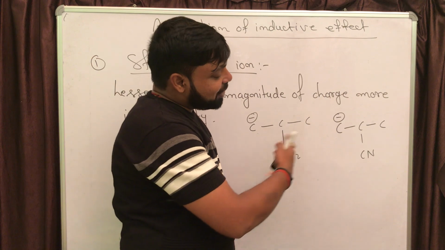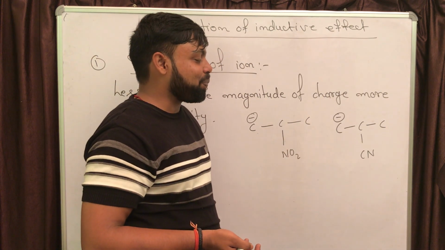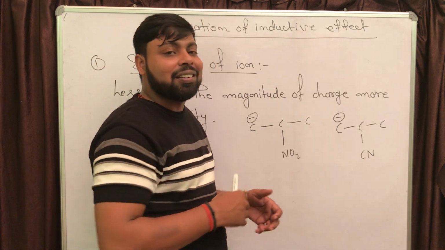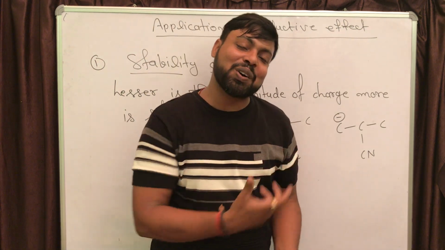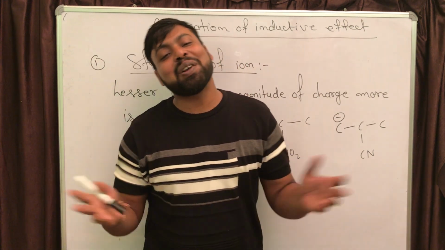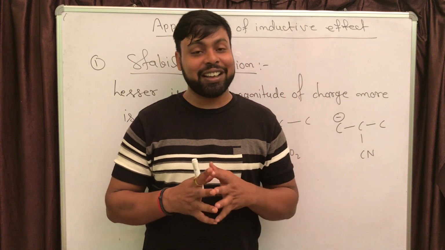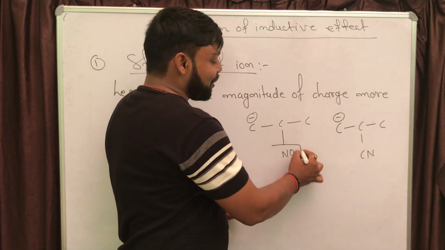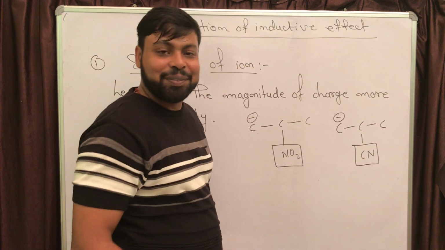If you are given two or more species and asked for the stability, never use your mind on what is common in the compounds, because if the portion is already common, it is equal for both. We are going to use our mind where it is different, right? One compound is containing NO2, another compound is containing cyanide, right?